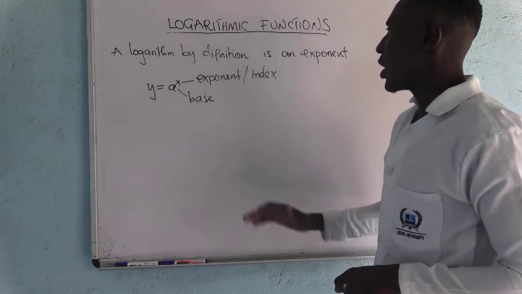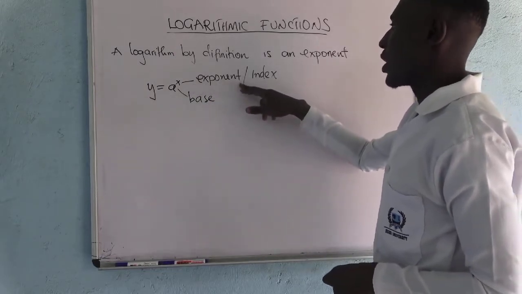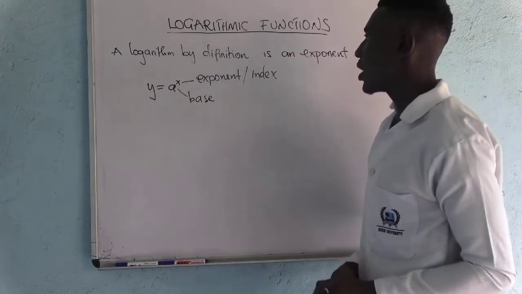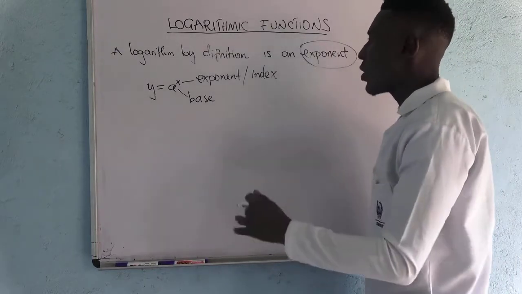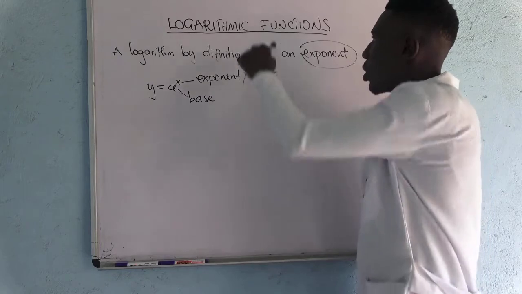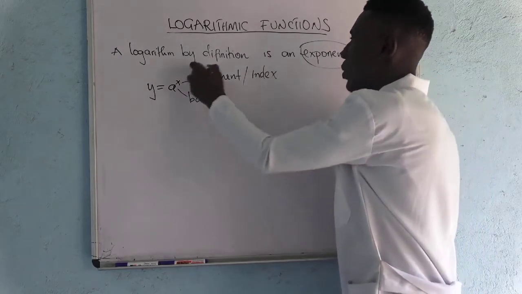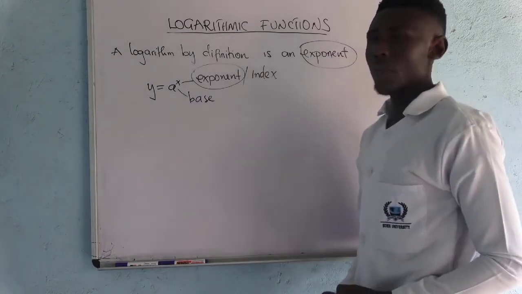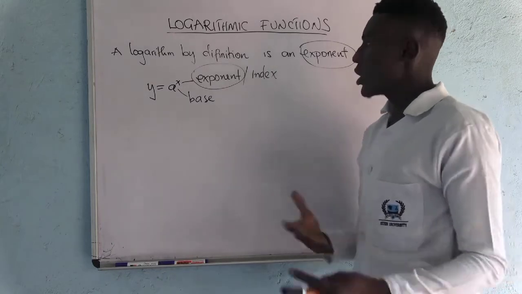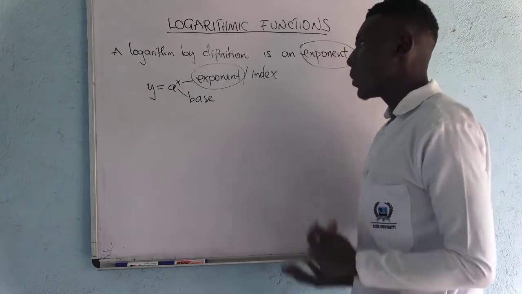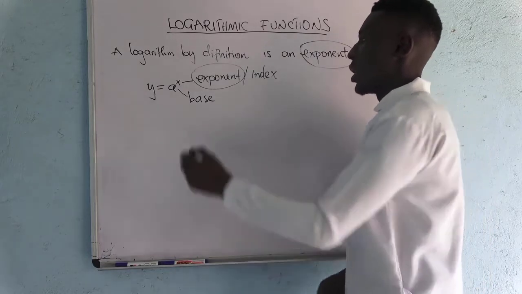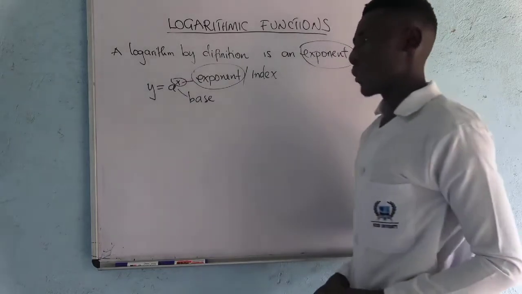Now, this is what an exponent is, and we are saying that by definition a logarithm is an exponent, meaning that the value that you're going to get for this logarithmic function will be an exponent. So there is a relationship between exponential functions and logarithmic functions, in a sense that a log is an exponent.